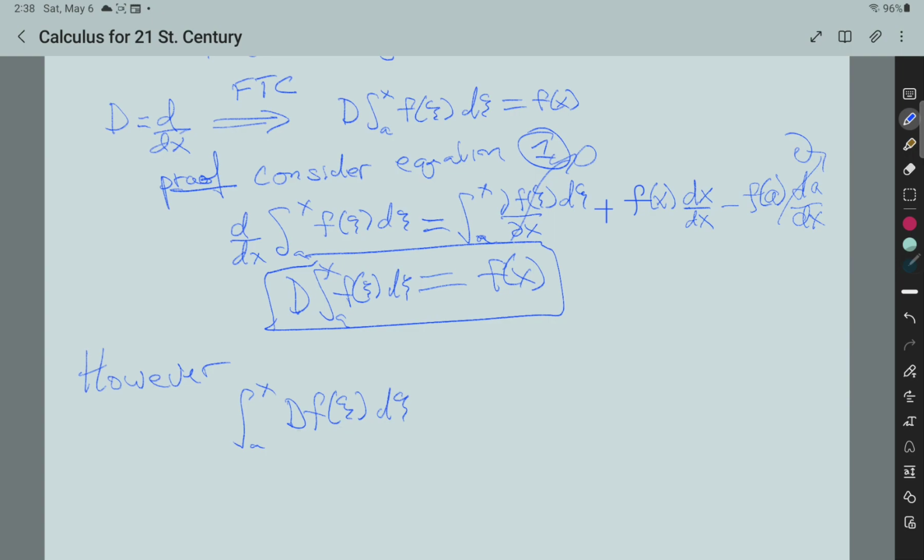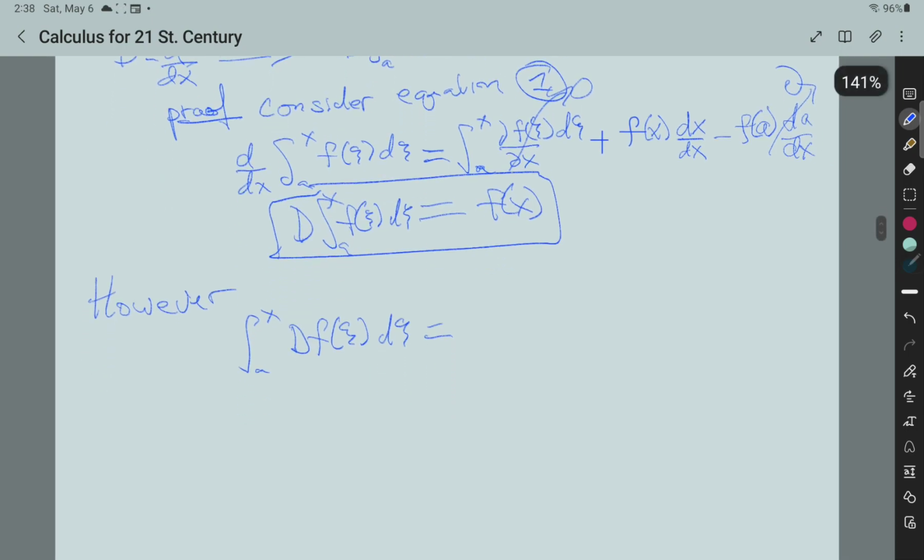Okay, so would this still give you f of x? Well, if you really expand this, you can rewrite this a to the x d as d of f of c dc.